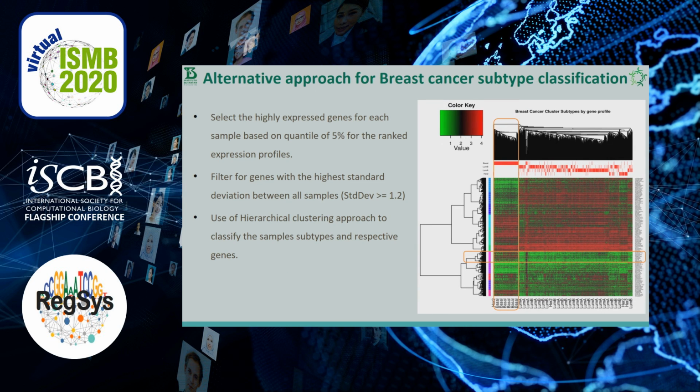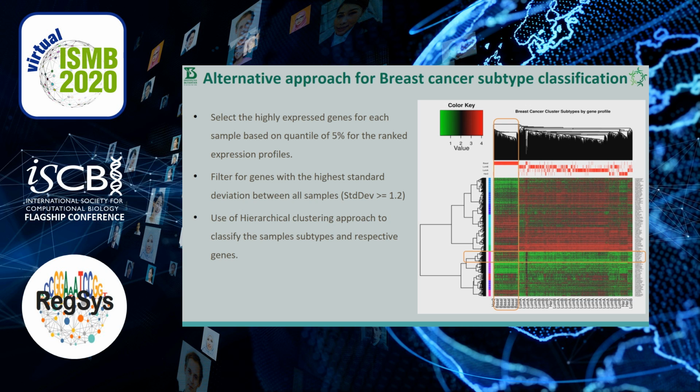So, based on that, I will explain the alternative approach for breast cancer subtype classification, where we select the highly expressed genes for each sample based on the quantile of 5% ranked expression profiles, filtering for genes with the highest standard deviation between all samples, and concluding with a hierarchical clustering approach to classify the sample subtypes and respective genes.